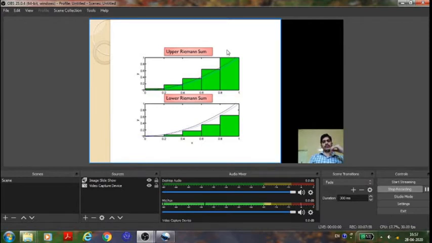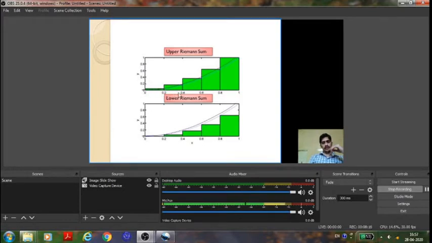So how it looks, that upper Riemann sum and lower Riemann sum, if you can see, this is the partition, 1 2 3 4 and 5. This is a given function y equal to f of x on the interval a comma b.